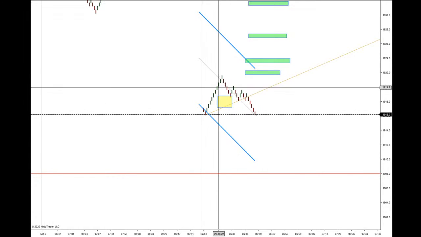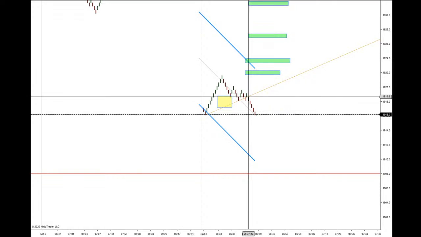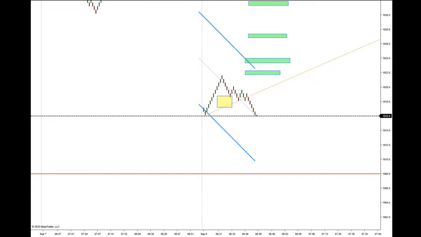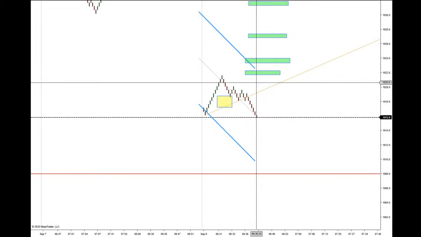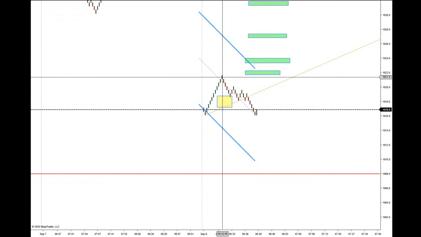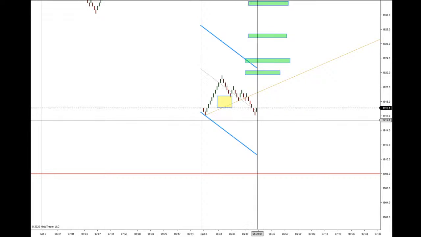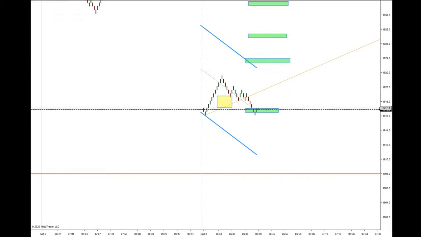So definitely not an ABC. I mean, inside correction zigzag here, but if we are on a wave 1 down or a wave A, target is right here.